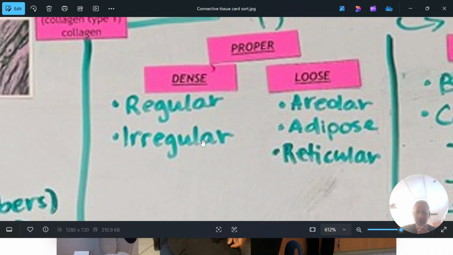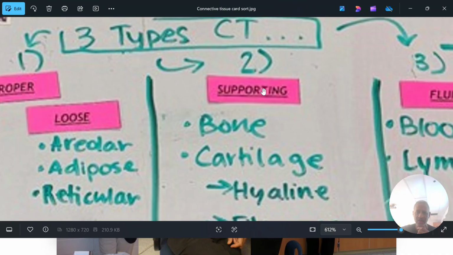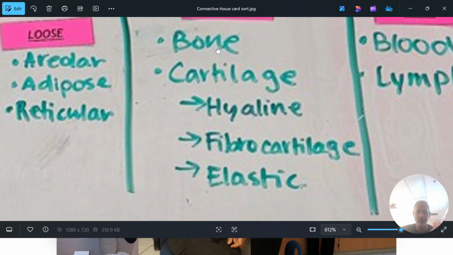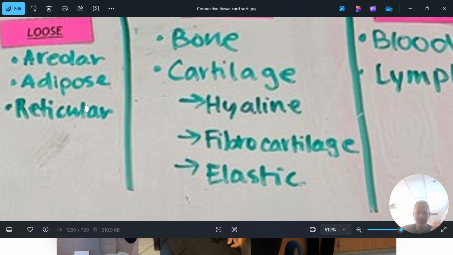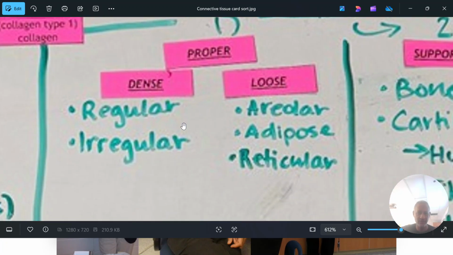Over here, the categories are connective tissue proper, connective tissue supporting, and connective tissue fluid. Going back to the PowerPoint slide that I showed you: for the support, the three types of cartilage. For the connective tissue proper, you have regular and irregular that are densely packed collagen fibers.